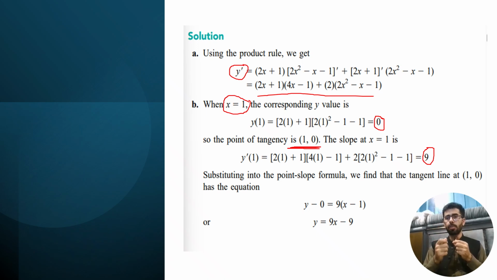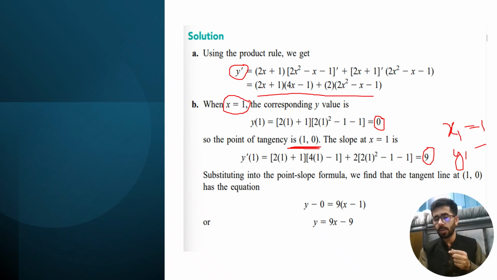It means the slope of the tangent line at that location on the given curve should be 9. If I have slope and I have the point both given to me, so point is 1 comma 0, that means x1 is 1 and y1 is 0.